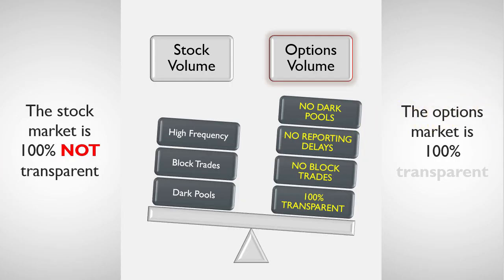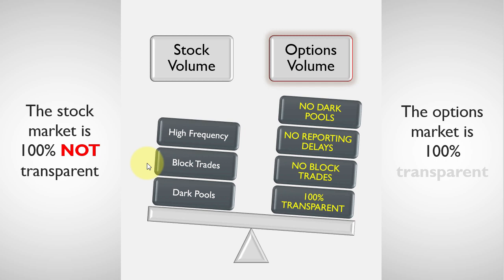Here's the key difference between stock volume, which will be here on the left, and options volume. Stock volume is not 100% transparent. We just talked about that with Barron's, because of high frequency trading, block trades, and dark pools. Dark pools never have to share what their volume is, and block trades share 15 minutes after the trades are done.